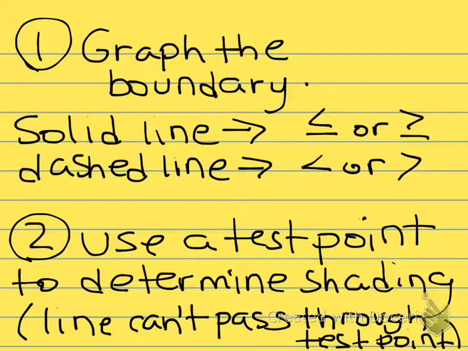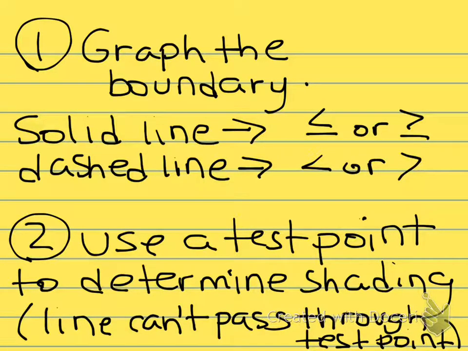What that means is basically you're just going to graph the equation they give you, make sure it's in slope-intercept form, and graph it like you would if it had an equal sign. The only difference is if it has a particular sign like less than or equal to or greater than or equal to, you're going to draw a solid line.